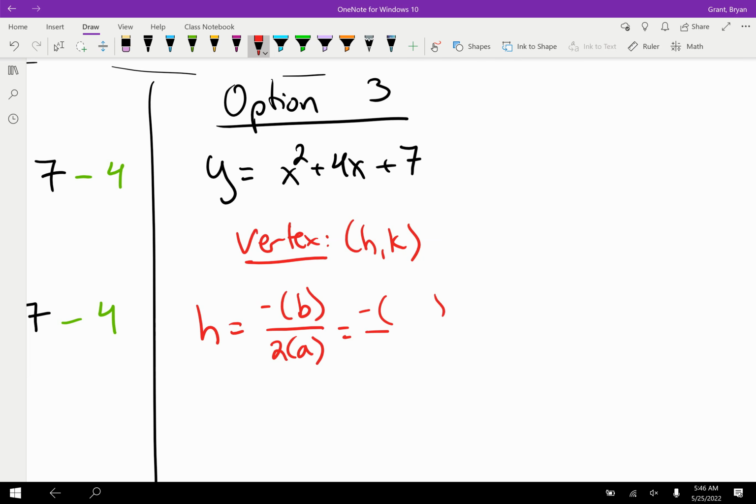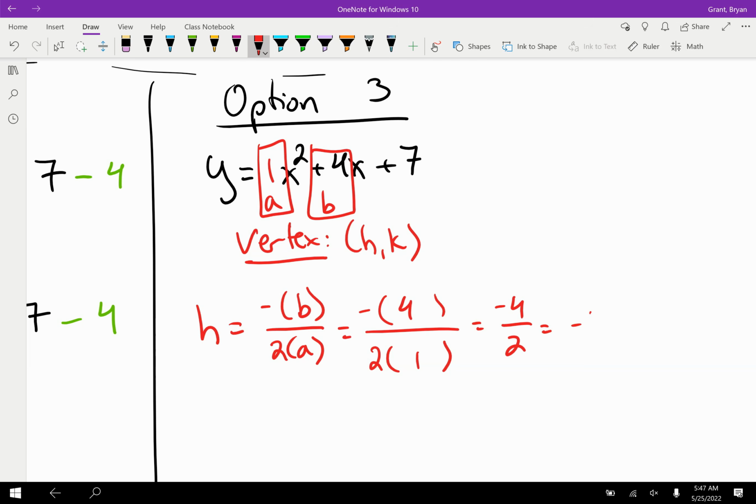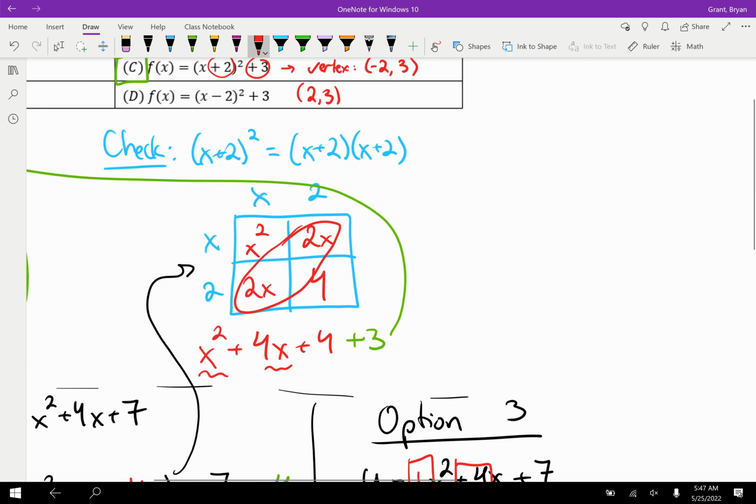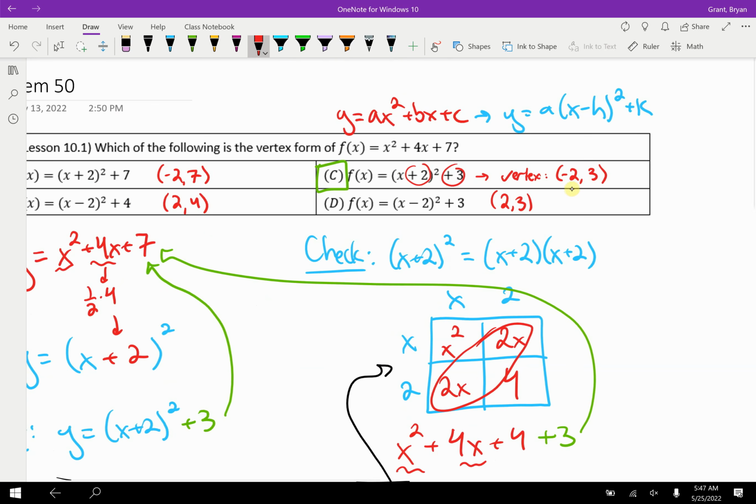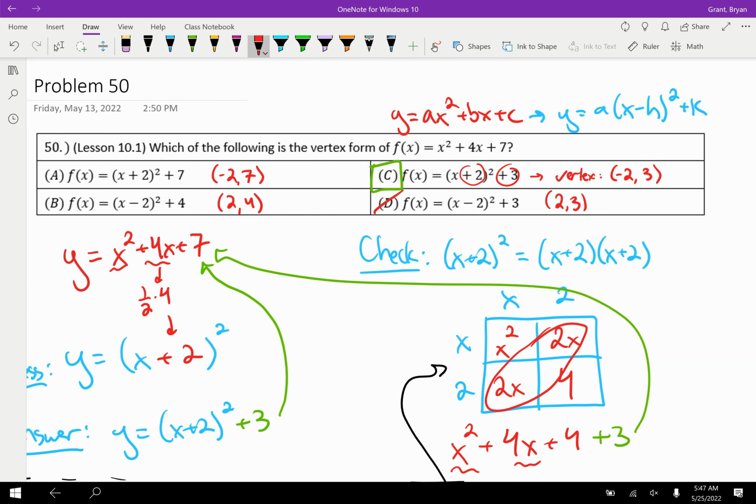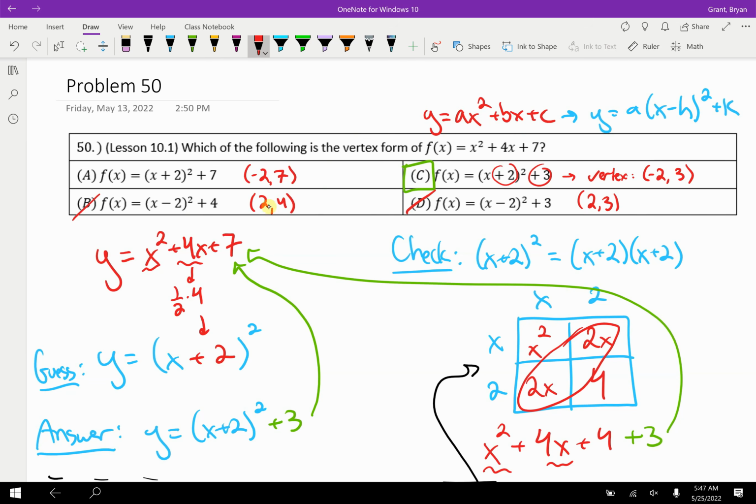So we need to determine b and a. Looks like my a value is the 1 in front of x squared, and the b value is the 4. So negative 4 over 2 times 1. Negative 4 divided by 2, which is negative 2. This tells us that the h value is negative 2 comma something. So if I go back up to the top, we already know it's negative 2 comma something, which means that D and B are out. They both had a positive 2.